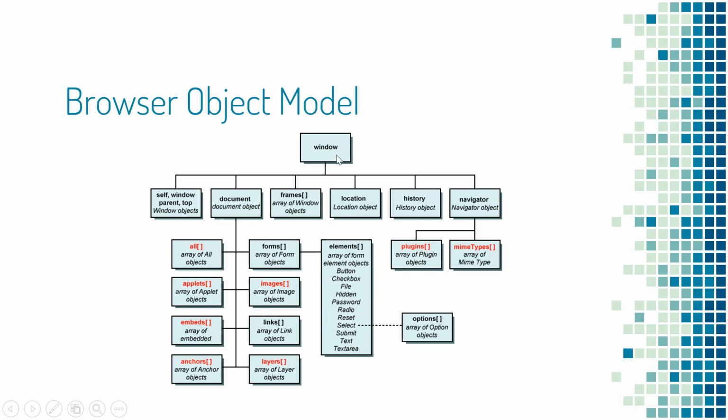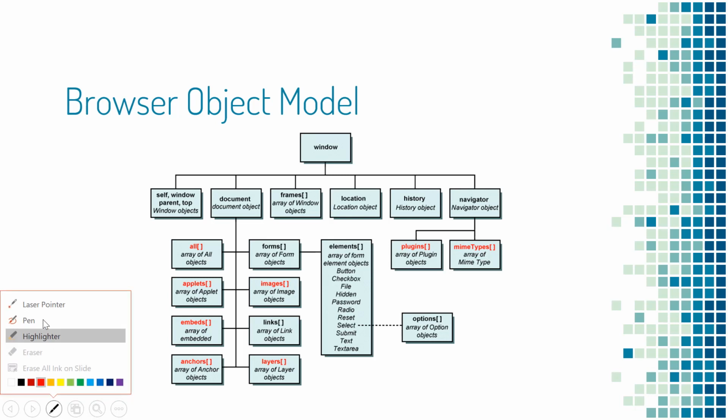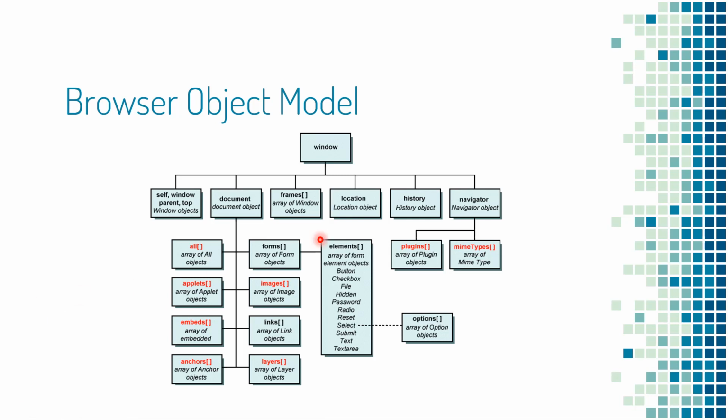The browser window is the main object, and the browser object model has some children, and some of these children have sub-children.